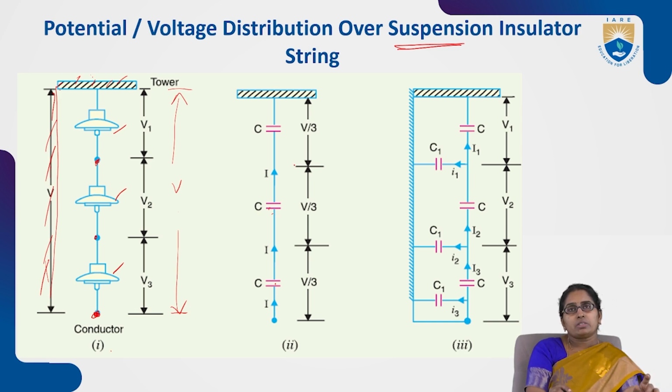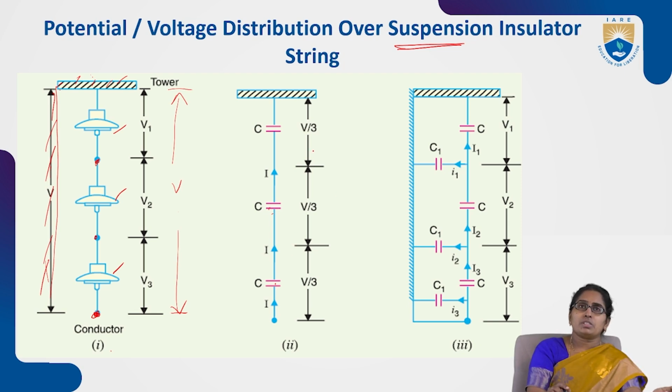The current through the three capacitors is the same and the total voltage applied is V. Each disc is of the same material and type, so each unit is represented with the same capacitance, let us say C. So all are the same, and the current flowing through them is also the same.